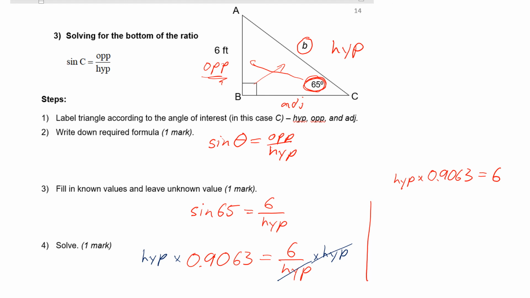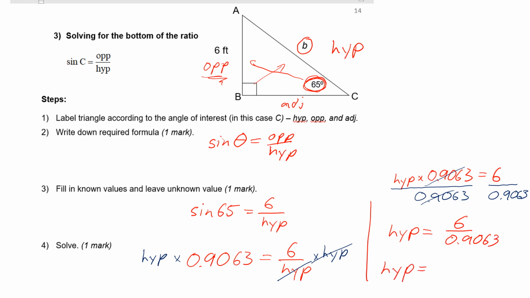I then divide by, because I want to isolate the hypotenuse, 0.9063. If I do that on one side, I must do it on the other side. That cancels these ones out, and then I'm left with the hypotenuse equals 6 over 0.9063.